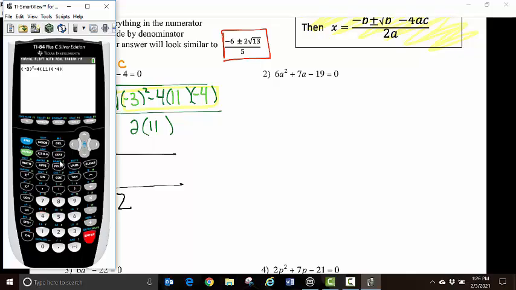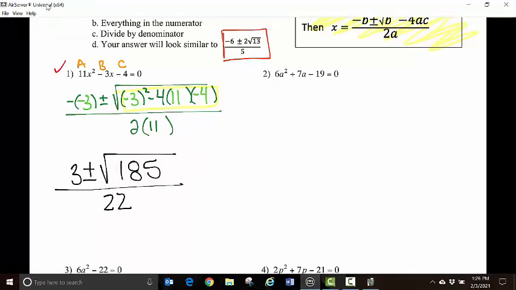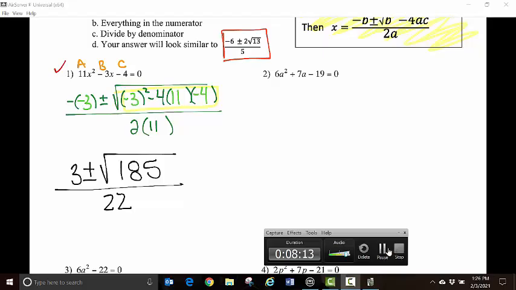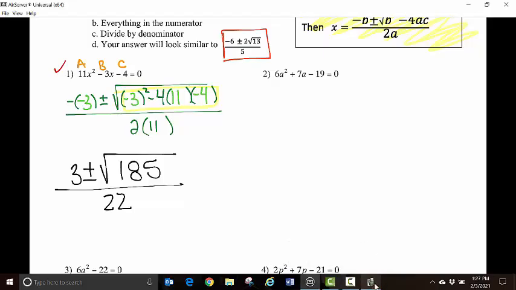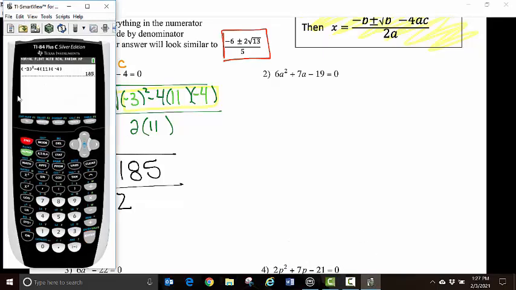And you should get 185. So again, as soon as you have this, we are going to check it and see what we get. The square root of 185.